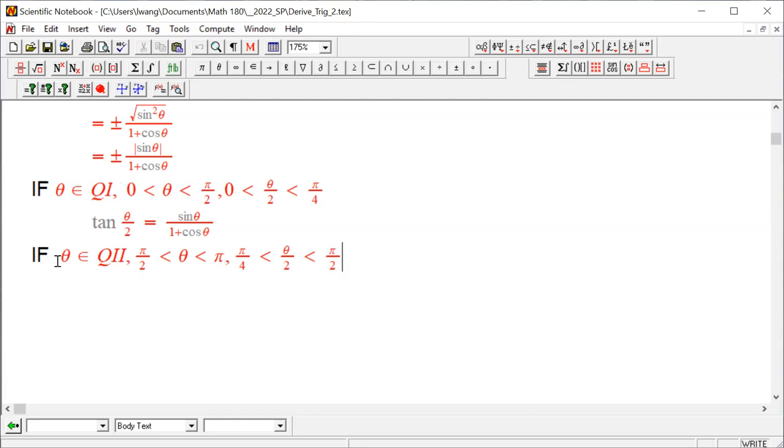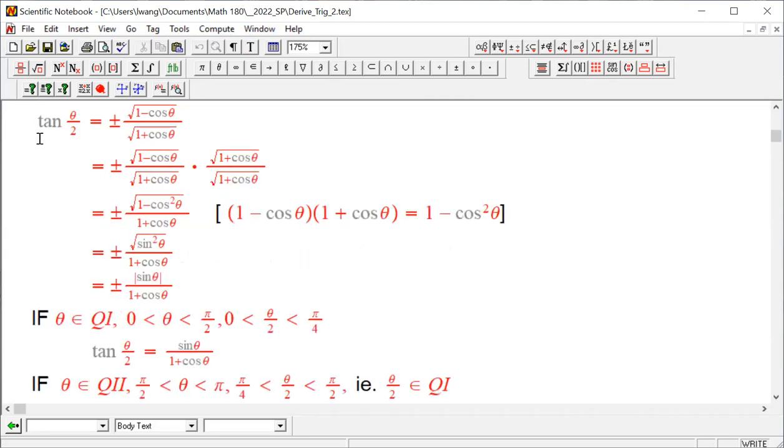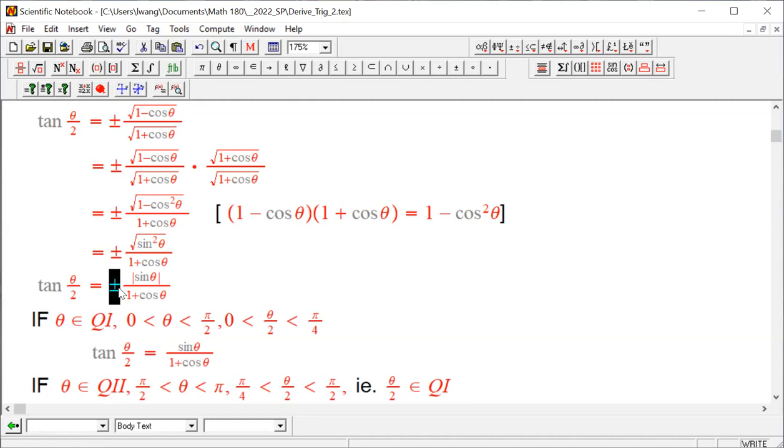So if theta is in the second quadrant, half theta will be in the first quadrant. If half theta is in the first quadrant, tangent theta over 2, tangent half theta, is going to be positive.